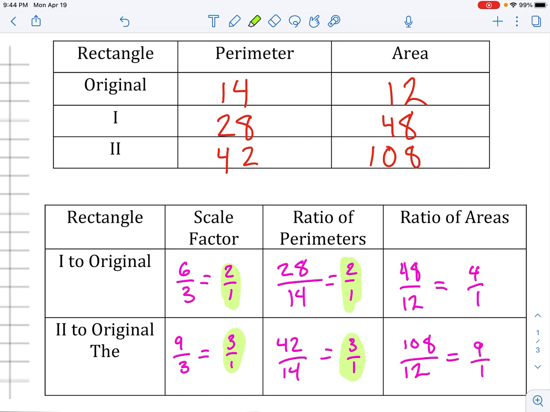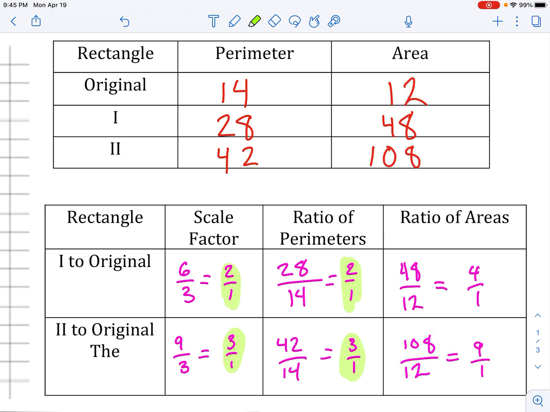The last thing we need to talk about here is the ratio of their areas. If I had 48 and 12 as my fraction, and I simplified that, I'd get 4 over 1. If I simplified the ratio for the 108 and the 12, I would get 9 over 1.